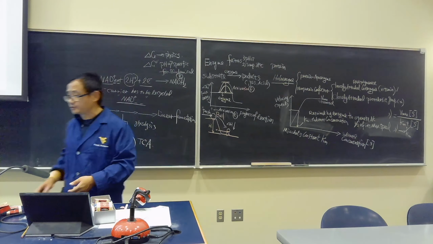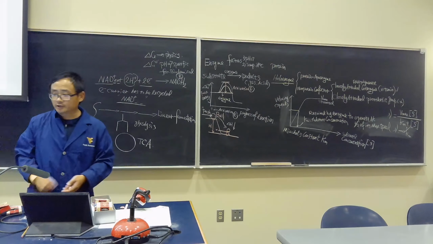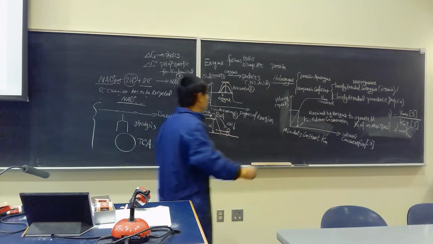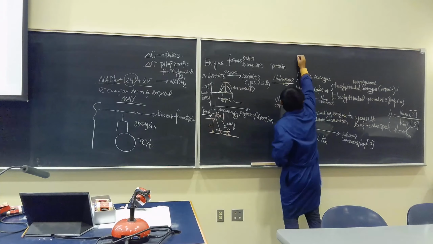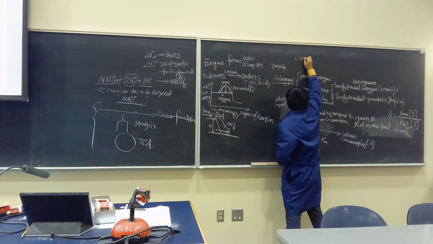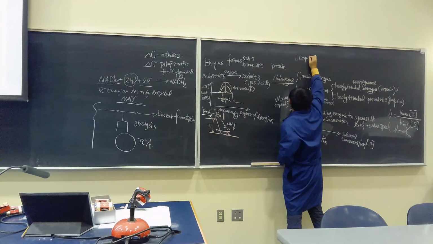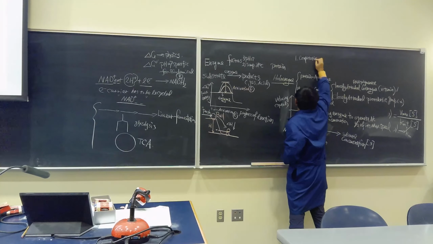Now, how do we regulate the enzyme? We want to talk about two examples. You've read about them already, so I'll be brief. Number one is called competitive inhibition.